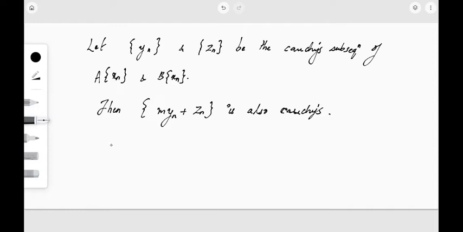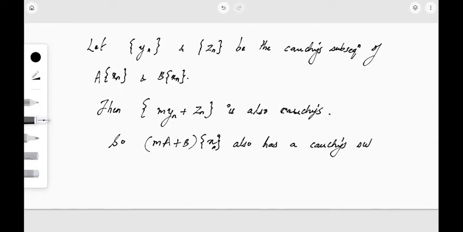So mA plus B of xn also has a Cauchy subsequence, and thus mA plus B is pre-compact. So we have chosen an arbitrary sequence and we have proved that correspondingly we can find a Cauchy subsequence.